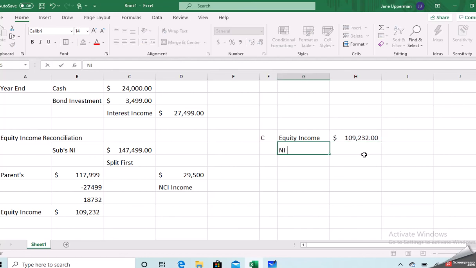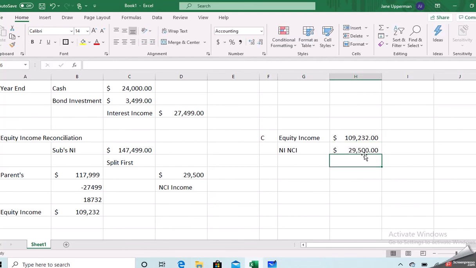I'm going to debit the net income that's attributable to the NCI for $29,500. I'm going to credit my dividends. Now I have to go back to the problem, but it tells us that the total dividends are $20,000. Then I'm going to credit my equity investment.